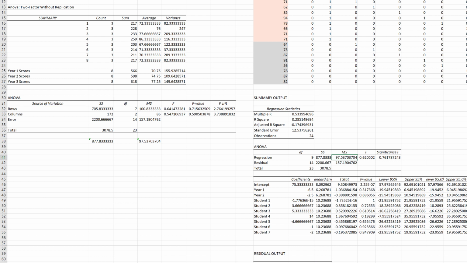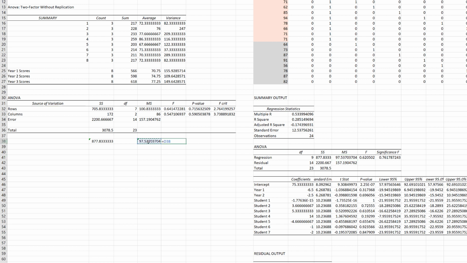So how do I get my F statistic? Again, it's just division. So really over here, it's this combined mean square, or this weighted average mean square of 97.53 divided by the mean square error.